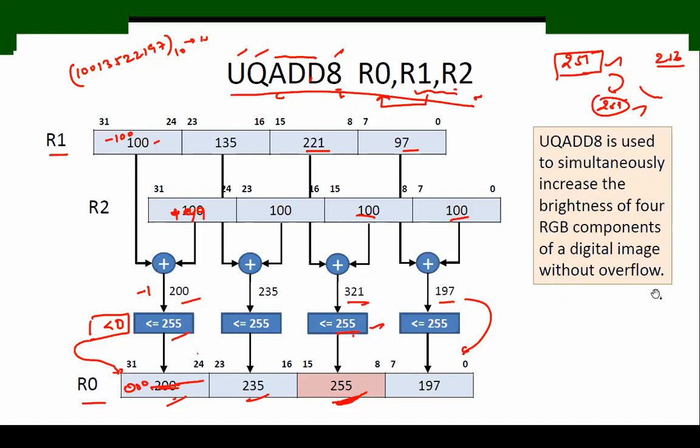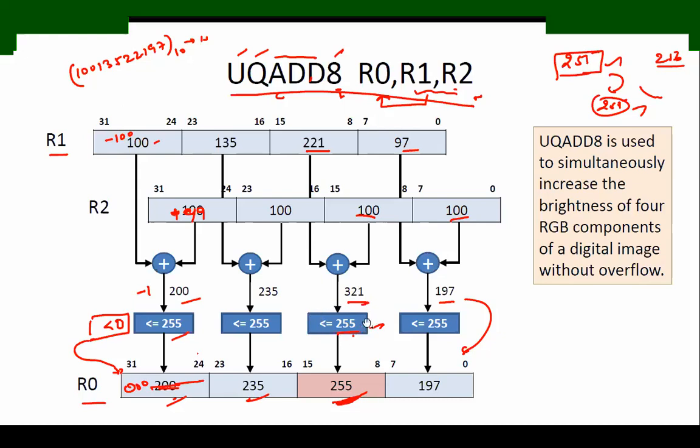So what is overflow? Remember the V flag that I was talking to you about: N, C, V, Z, Q. This overflow is referring to the V flag. Whenever there is an overflow, it is exceeding the value that is set here, which is 255.